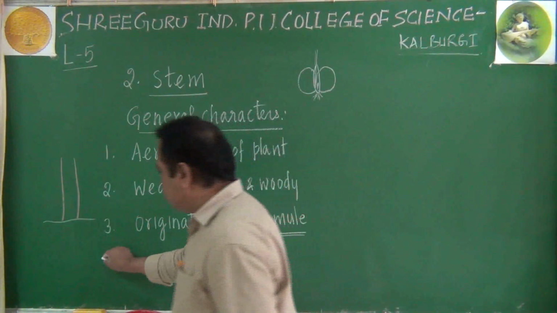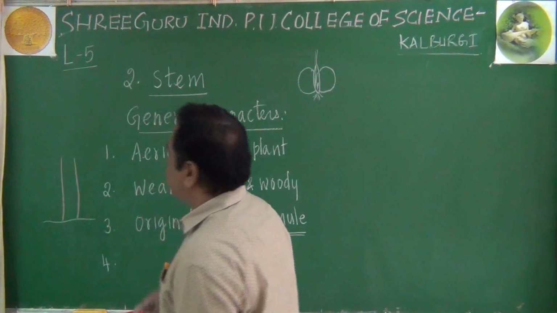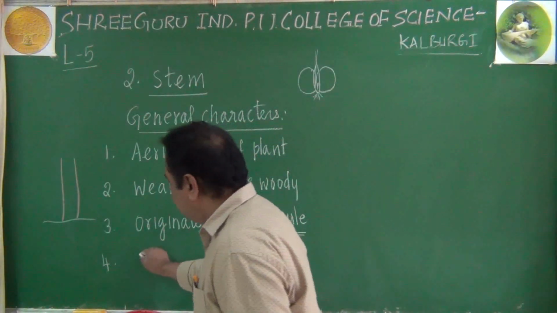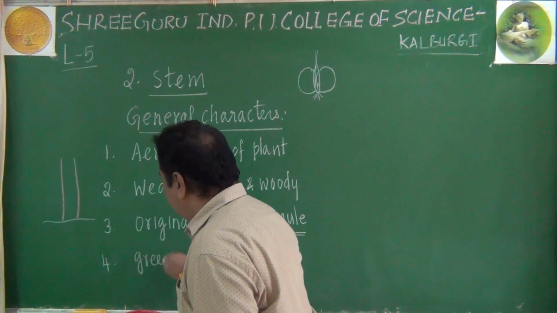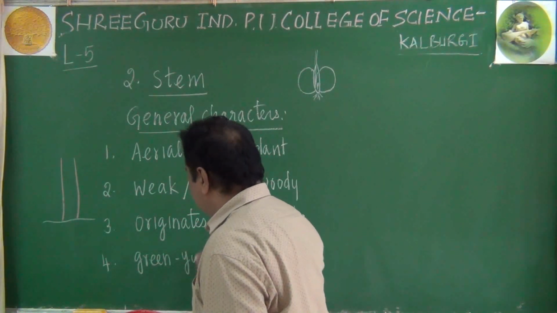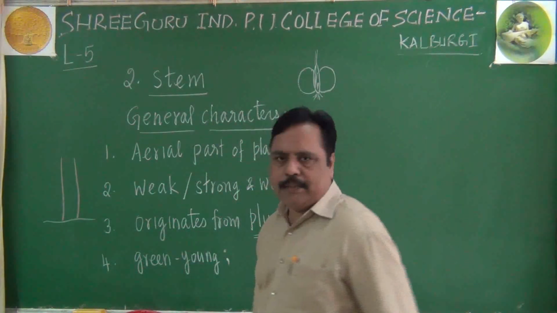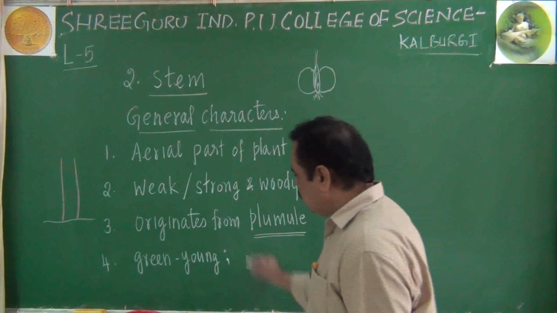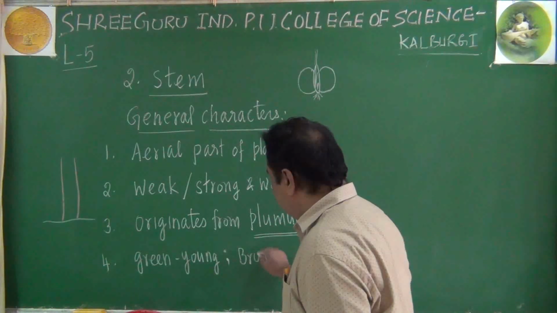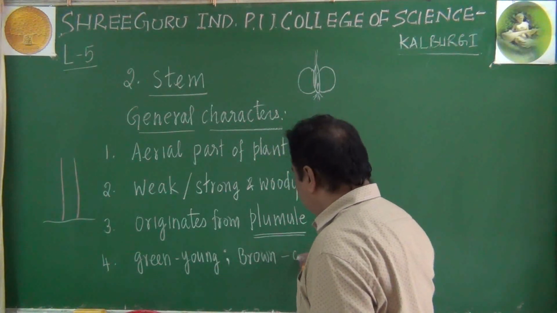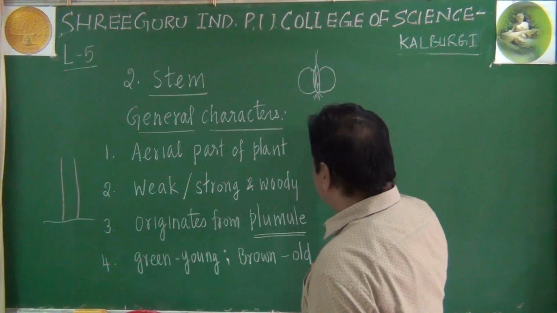Next point is, the stem will usually be green in color when it is young. But the same stem will become brown in color when it is old.